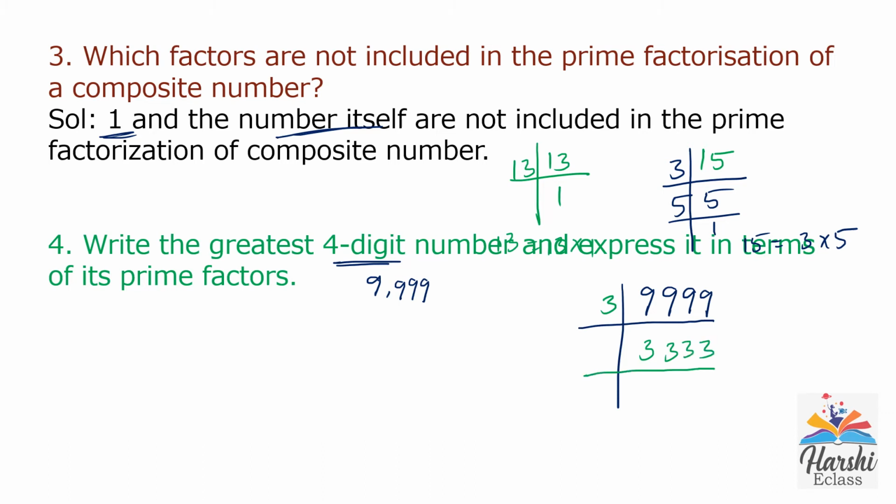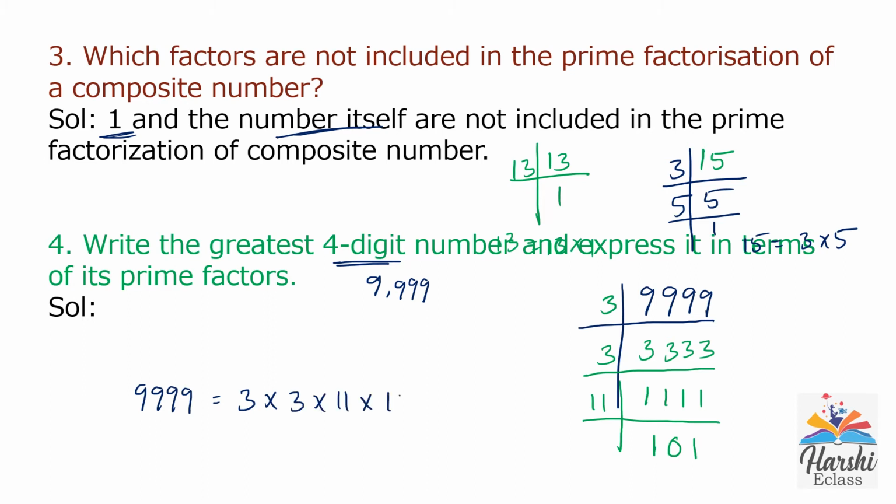3 3333s give 9999. Again this number is divisible by 3. 1111 will come. 1111 is divisible by 11. 11 101s give a product of 1111. 101 is a prime number, so the prime factorization of 9999 we can write as 3 into 3 into 11 into 101.